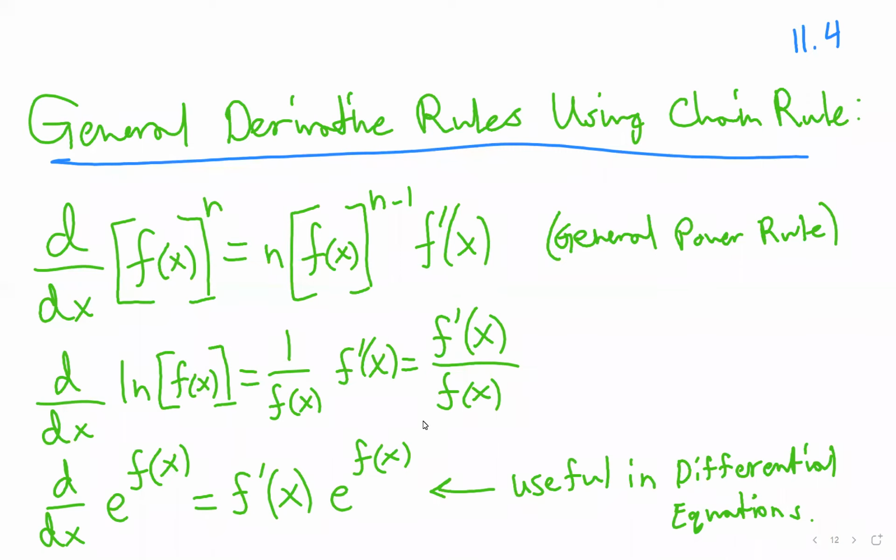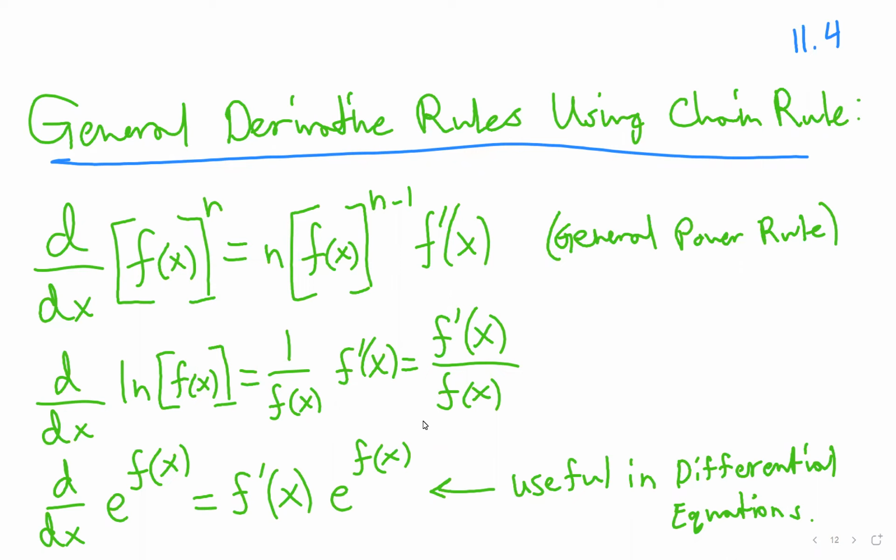And this is a very nice, very neat kind of result from using the chain rule on this type of function, is finding out that you can take the derivative of the function over the function itself, and that's just the derivative of that ln of f of x function. And so it's a very nice, very neat kind of result to get out of that.